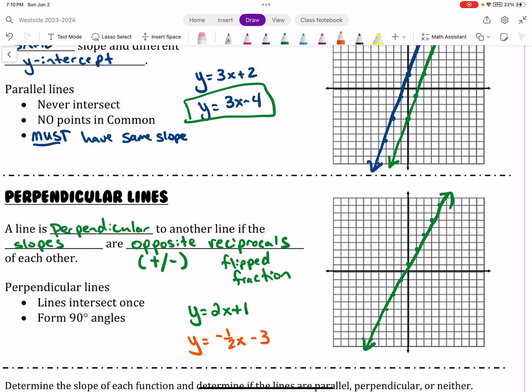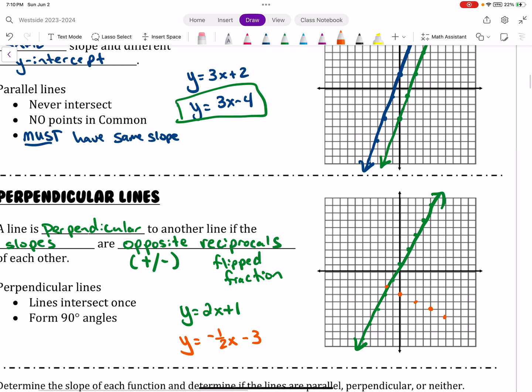Then I'm going to switch to my orange, and I'll graph that negative 1/2 x minus 3. This means I'm going to go down 1, right 2. So it would look like this. Sorry, my line stopped. There we go. These would be those perpendicular lines. They form that 90-degree angle right there.